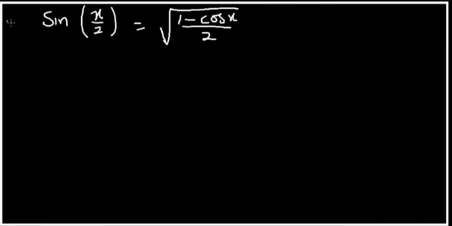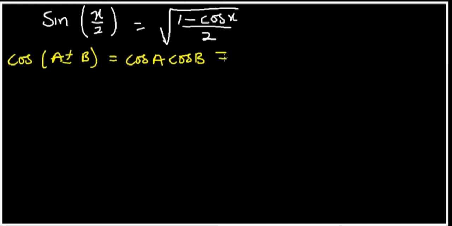Alright, so recall from this trigonometry identity. You can remember that cos of A plus or minus B is equal to cos A cos B, minus plus sine A sine B. I'm very sure you must have seen this before.